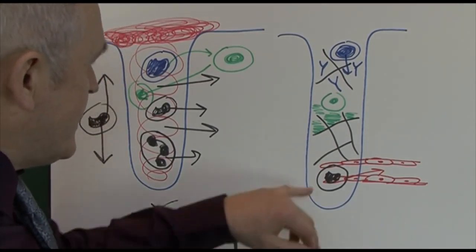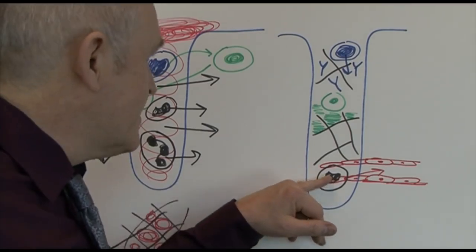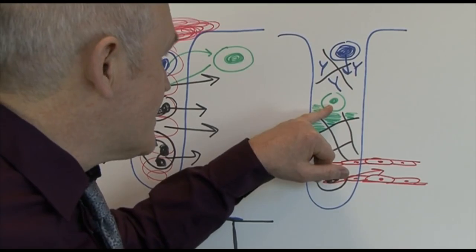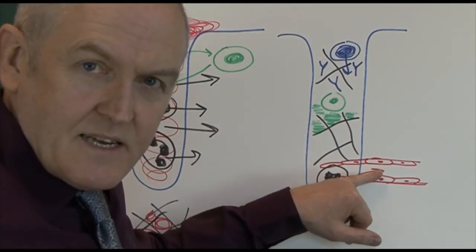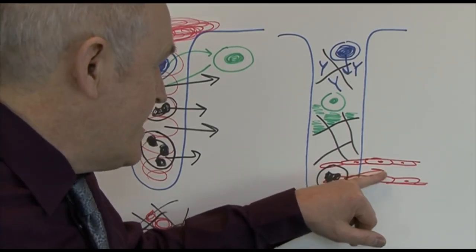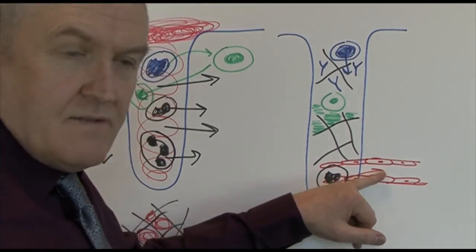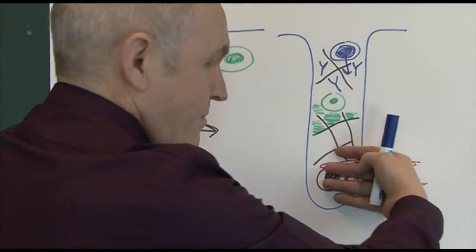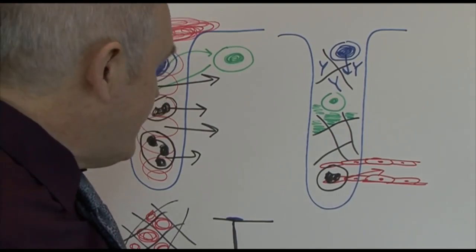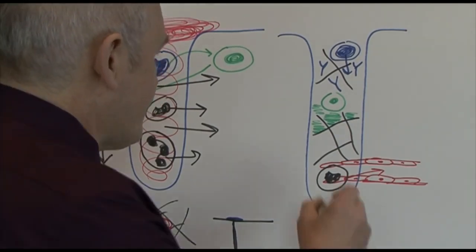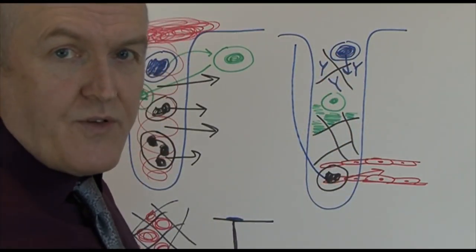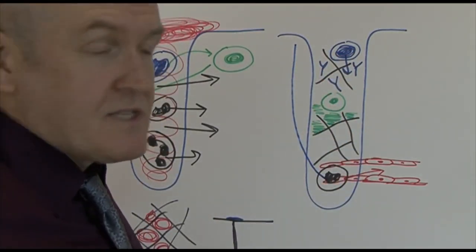Now we've noted that the macrophages are going to release growth factors stimulating the fibroblasts, stimulating the mitosis of adjacent capillary endothelial cells, facilitating the growth of new blood vessels into the wound. But the macrophages also release growth factors that stimulate the regrowth of the epidermis.